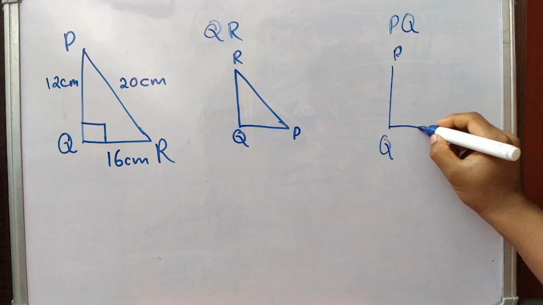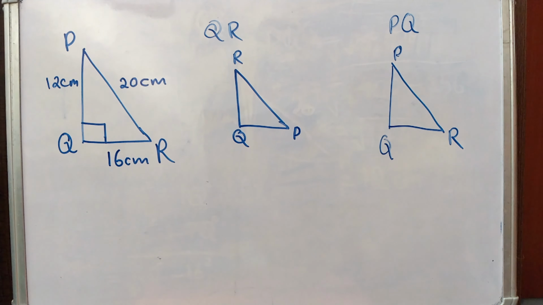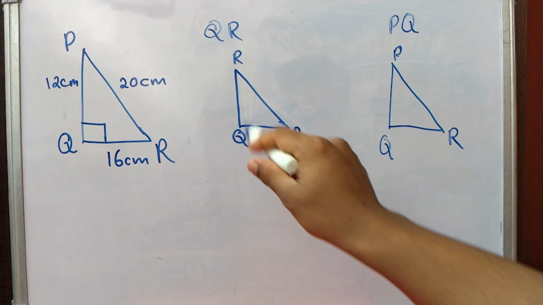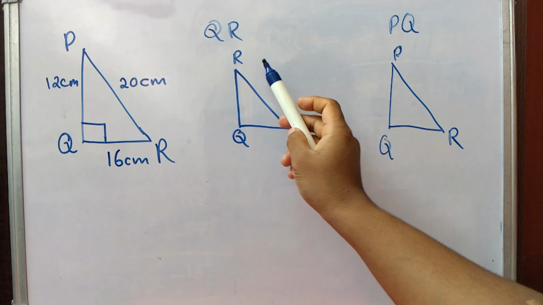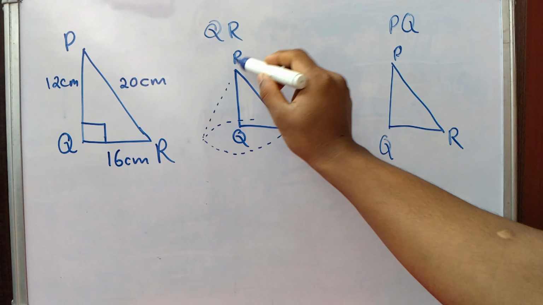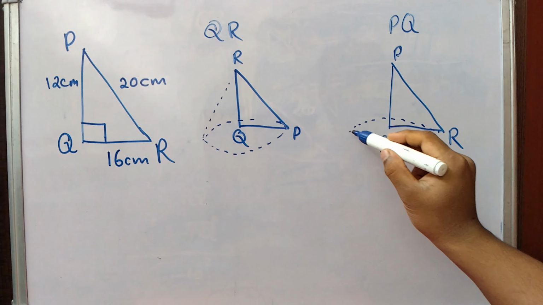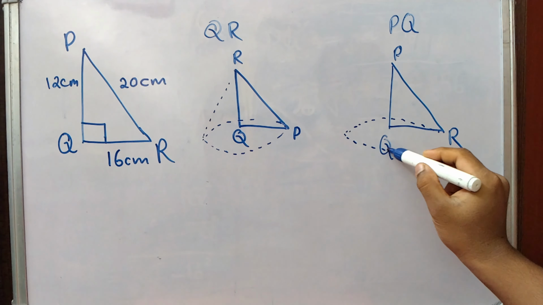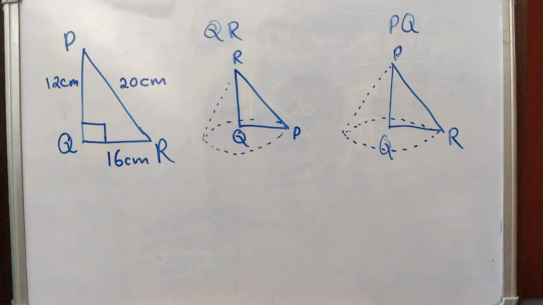We'll have something like this, and here we have R. Now we are asked to rotate about this axis and this axis. So when we rotate it about this axis, we will be getting a cone like this.